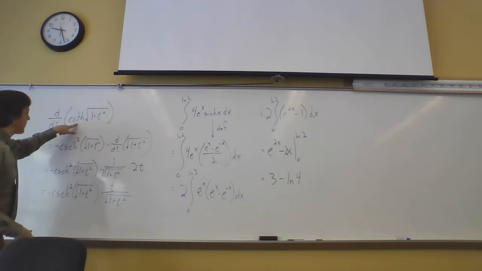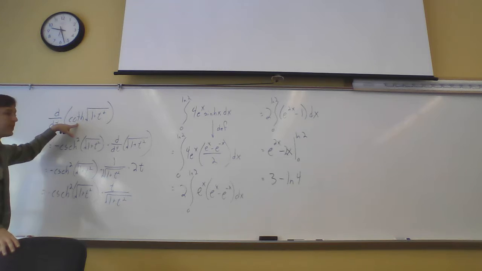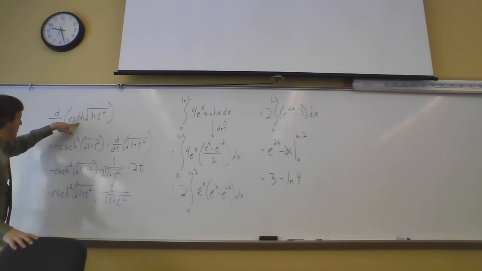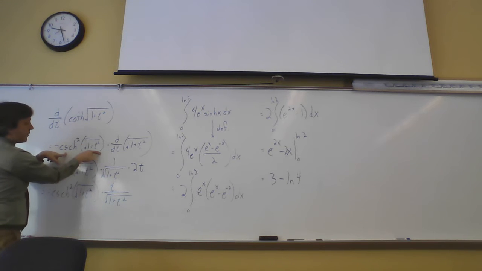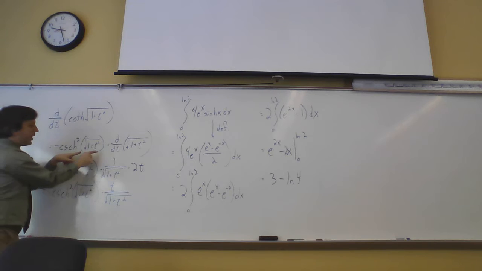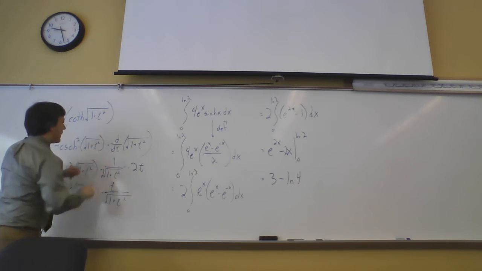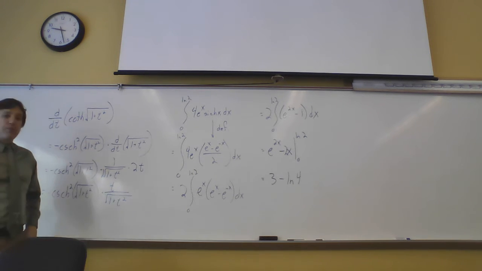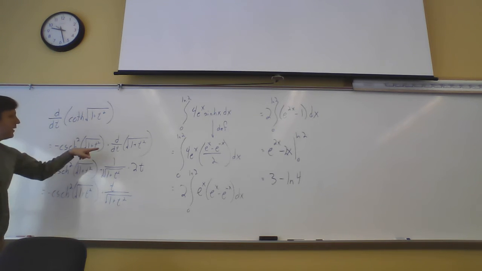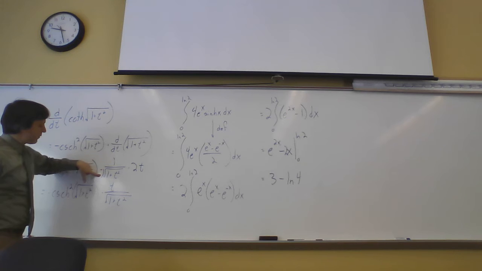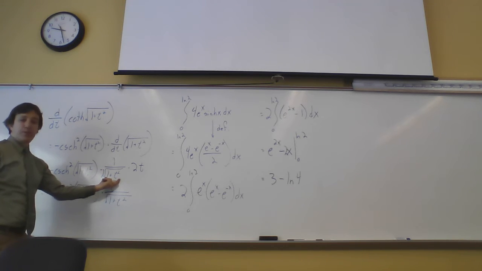So for starters, I took the derivative of the hyperbolic cotangent. Derivative of hyperbolic cotangent is negative hyperbolic cosecant squared, and then we have the 1 plus t squared still inside of it. There's my u. But then I have to take the derivative of that square root to do my chain rule. So if you do that, the derivative of the square root is 1 over 2 times that square root.